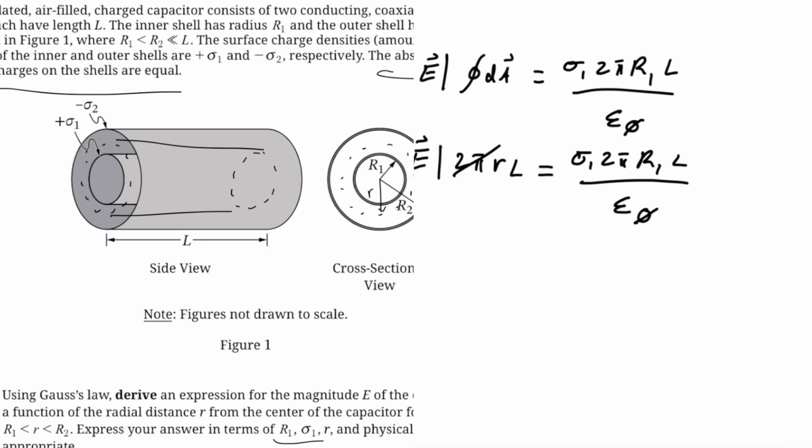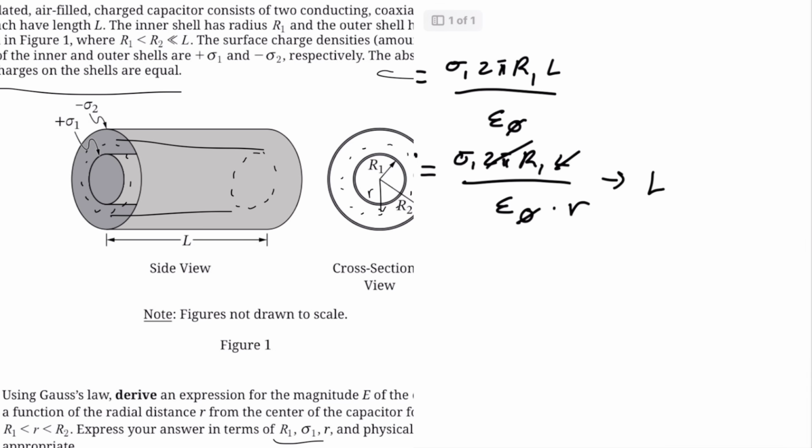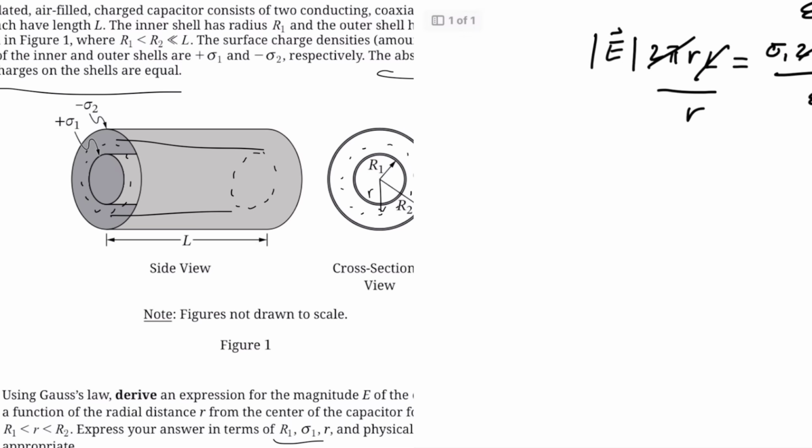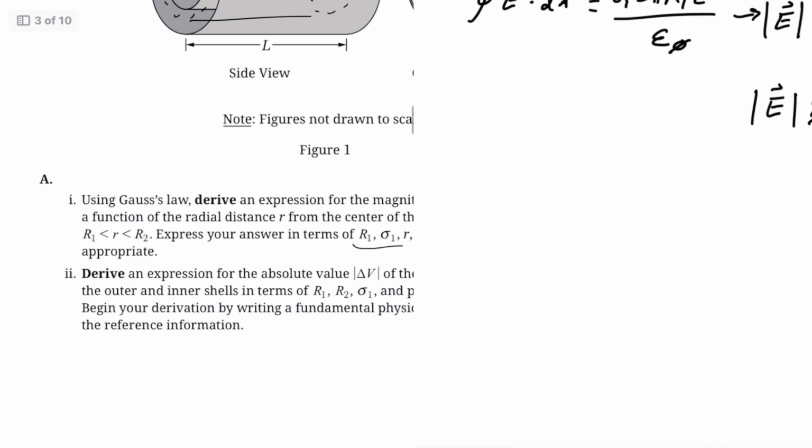We're going to cancel 2 pi, cancel L, and we'll divide by r in order to get E by itself. And then we get this expression. The magnitude of the electric field is sigma 1 R1 divided by r epsilon naught. There's your final answer.